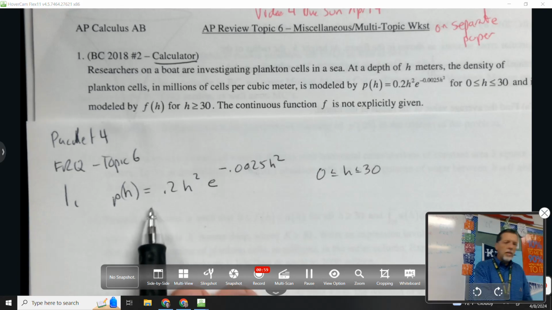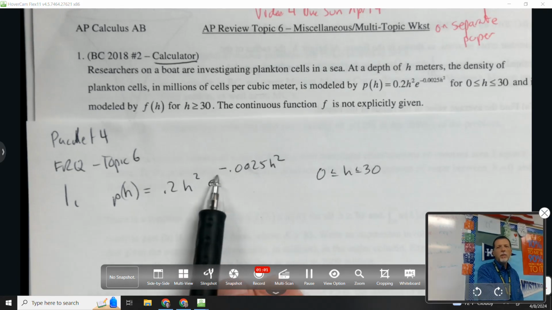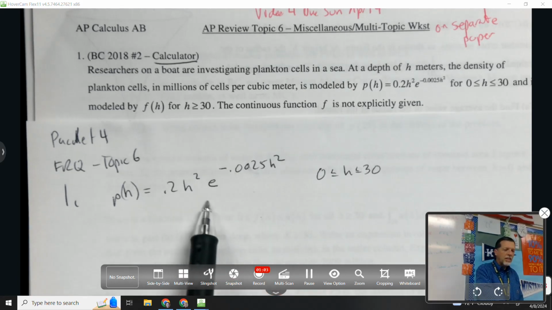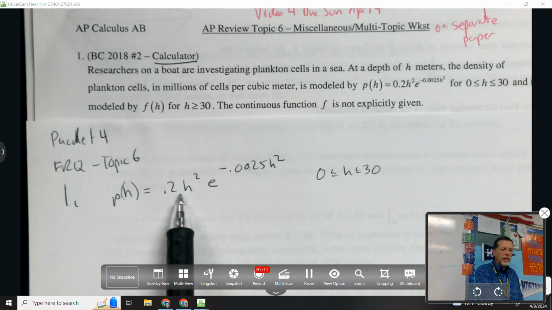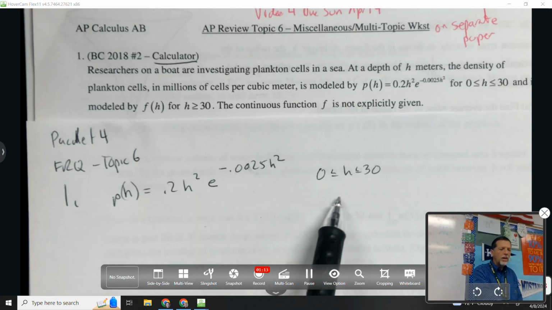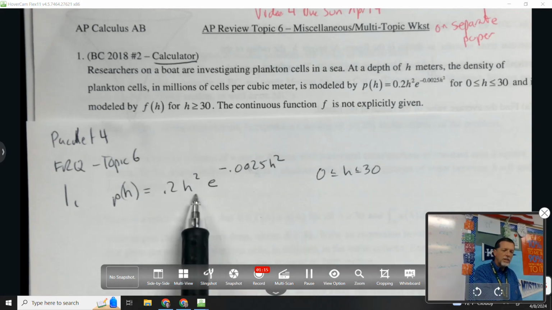So let's slow down here and think about what this is telling us. That's telling us the density of the plankton as a function of how deep we are. So if we plugged in h equals 0, that would tell us how dense it is at 0. If we plugged in 30, that would be how dense it is at 30.